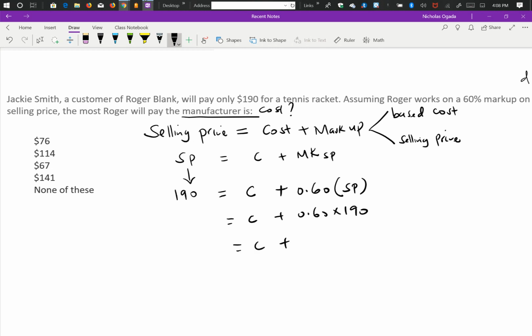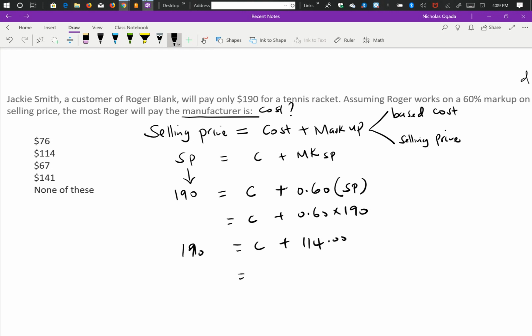Then 190 should be equivalent to our cost plus our markup, and our markup in this example is 60% of 190, and this gives you $114.